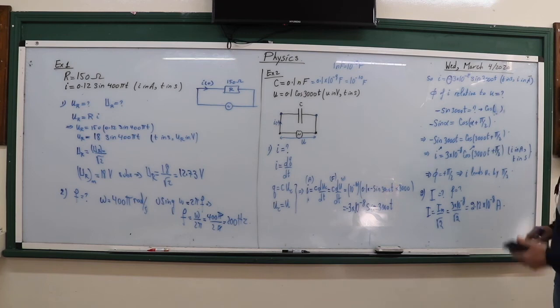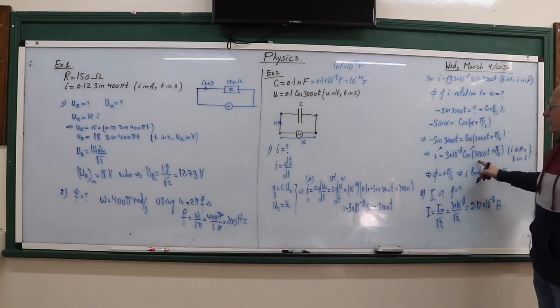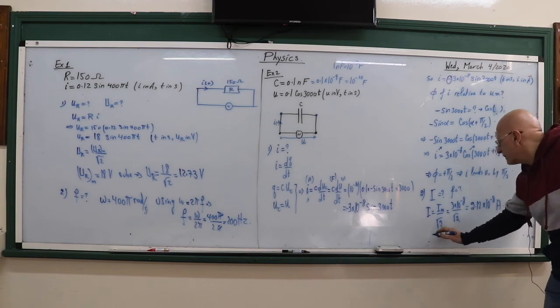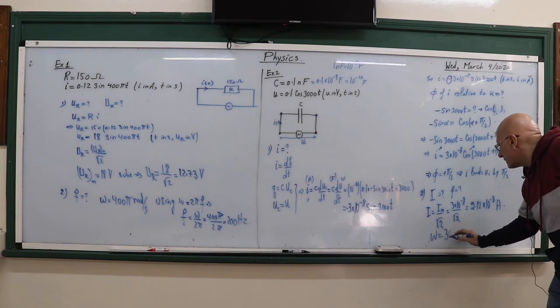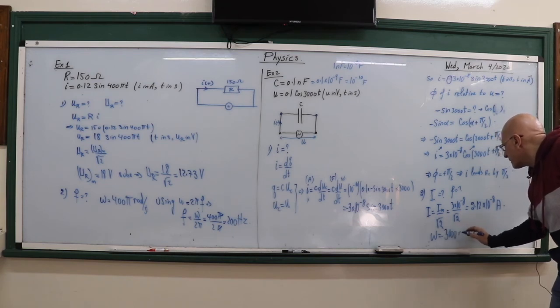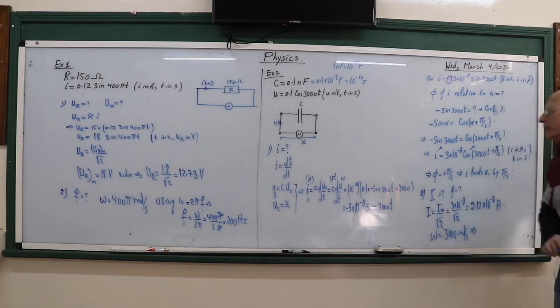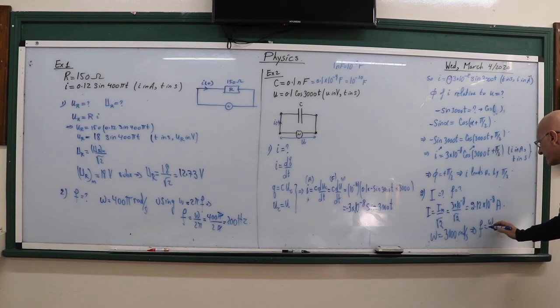The frequency: from omega t, omega is equal to 3,000 radian per second, from which we can find the frequency as in the previous problem, omega over 2 pi.